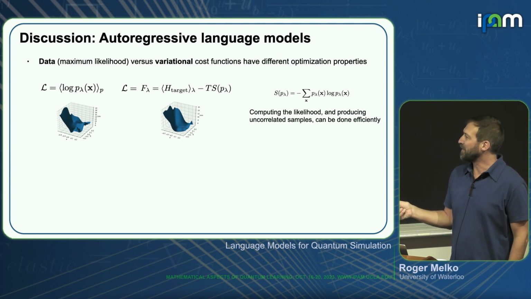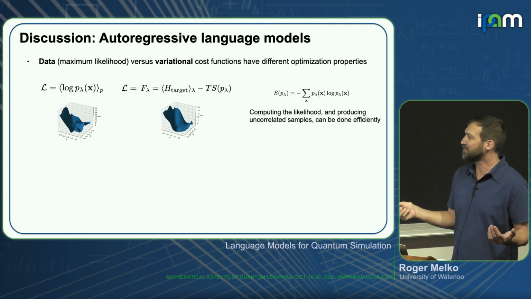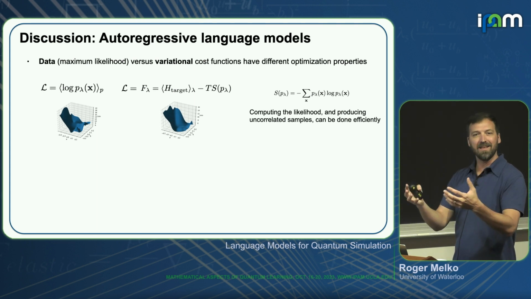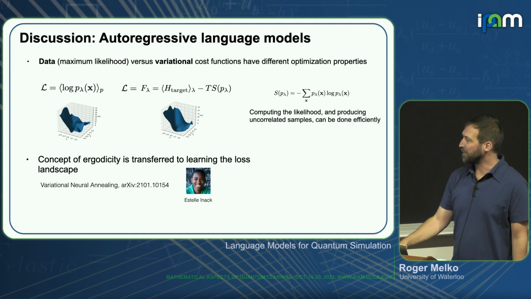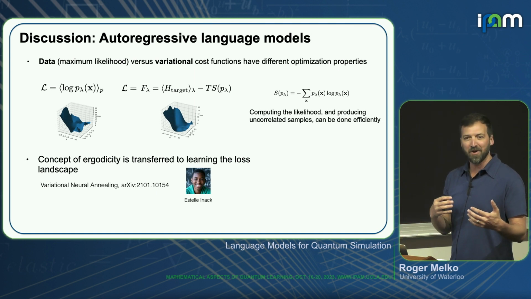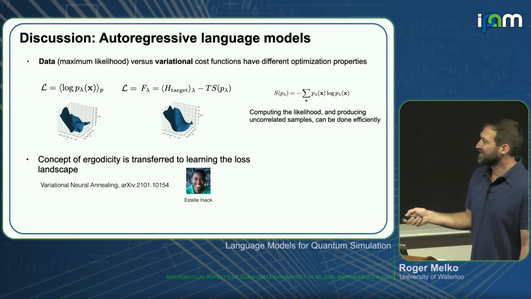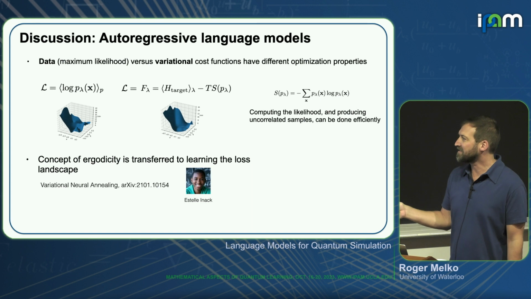So let me move on to the actual data. Just a couple points, I can get back to them. Again, we have autoregressive models that are super powerful. We have different cost functions, and I want to emphasize that different loss functions have very different training characteristics, and I'll get back to that. The concept of ergodicity, if I move away from a Monte Carlo-based sampler, is in many ways transferred to the loss landscapes, right?